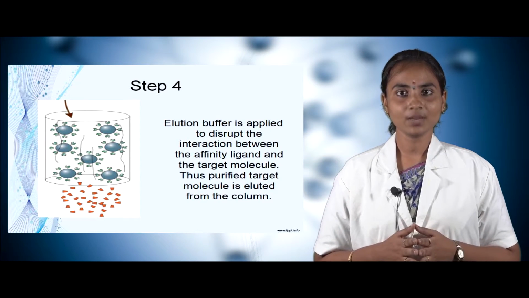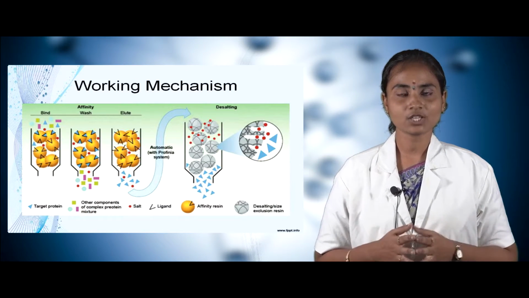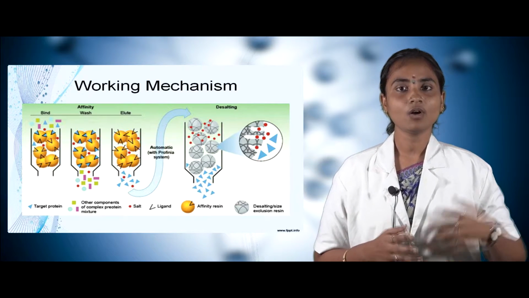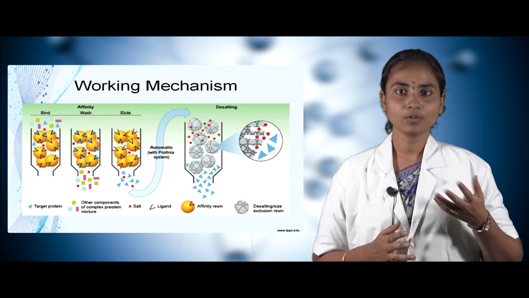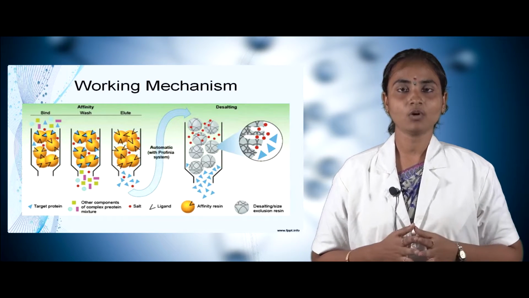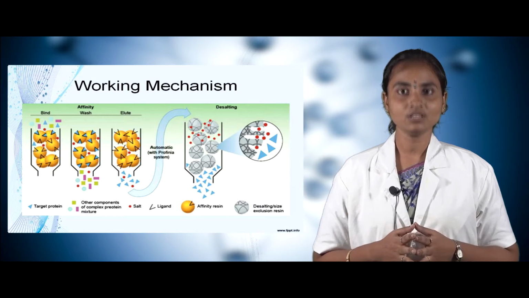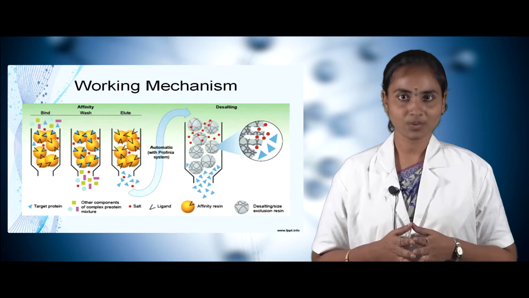The desired proteins have a high interaction with the ligands already present in the column, so they cannot be easily separated off.